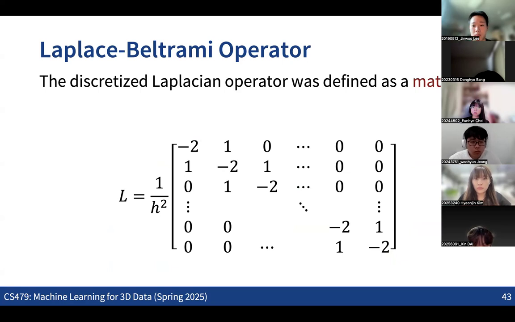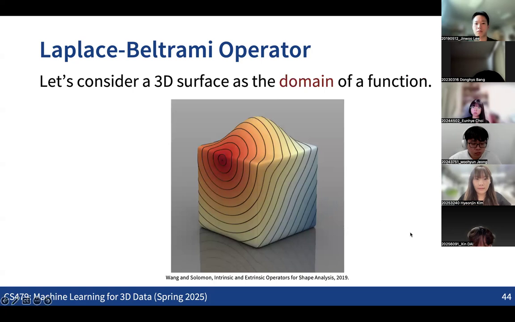Here, the basic idea is that we can do the same thing not only for functions defined in 1D, 2D, 3D Euclidean space, but also for functions defined over an arbitrary surface. Now we are going to treat each of these 3D surfaces not just as data, but as a domain over which we can define a function.